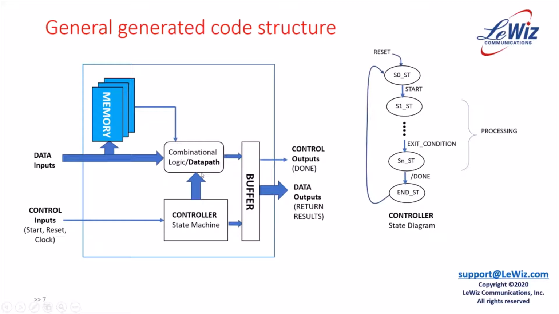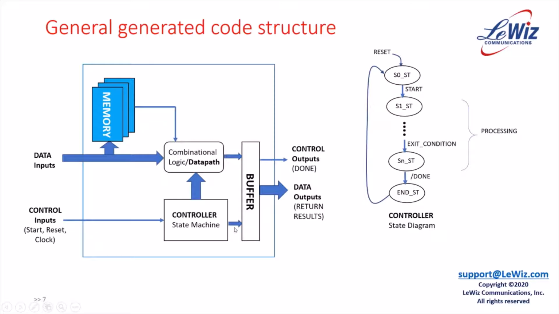The data path is like an add function, for example, and the combinational logic may be muxes and things like that. The data path takes input from external sources or from predefined memory. The controller state machine takes input from a start control signal and also reset and clock, of course.